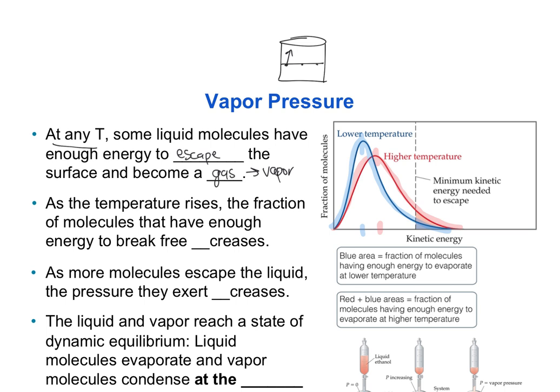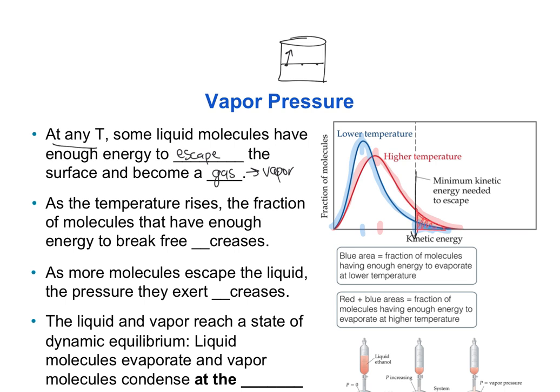So if this is the amount of energy here that it takes to escape into the gas phase from the surface, then you can see that when I have a cooler situation, a smaller number of particles are able to escape compared to when I have a hotter temperature.